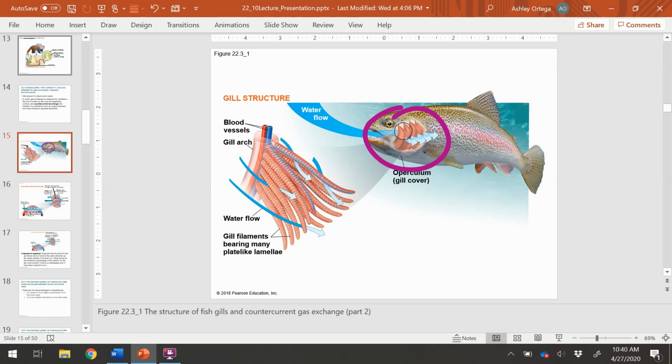Obviously, it needs to be connected to the circulatory system very well. And so these large blood vessels will form smaller capillaries that go into these projections from the gill. These projections are gill filaments with what we call lamellae. And so we'll see that a little bit more in this next part.